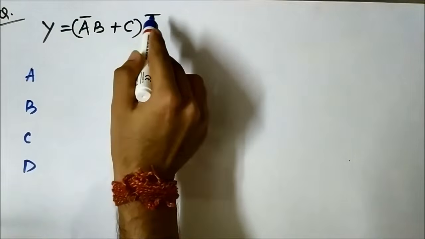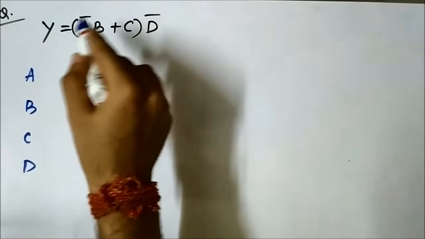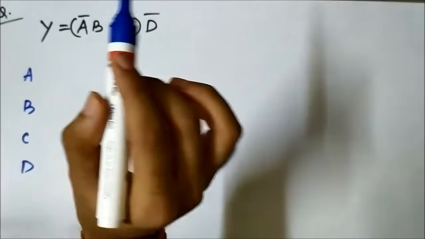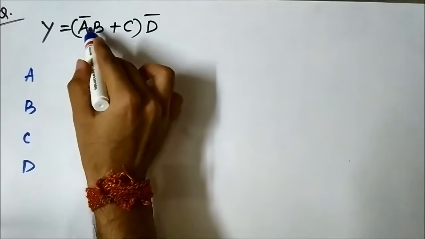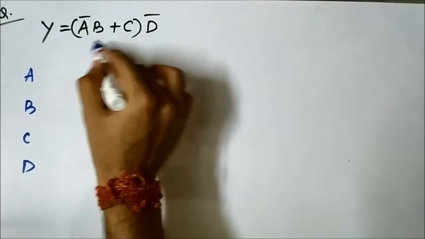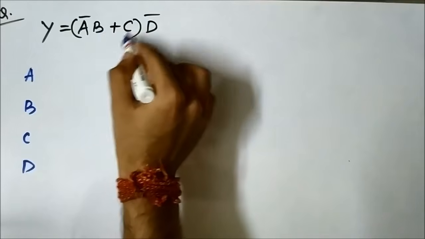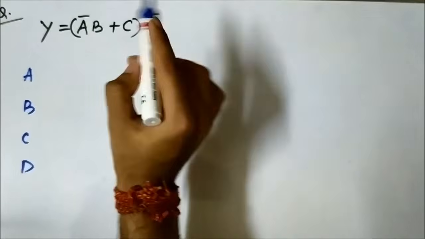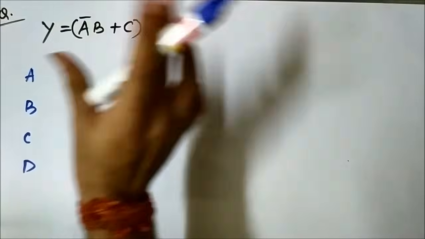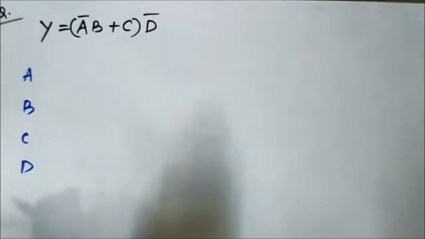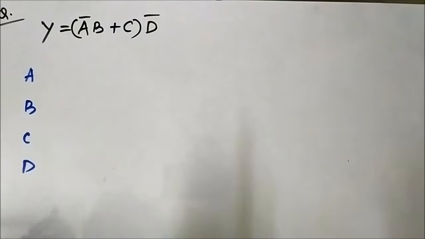Here the NOT operation or inversion operation is present, so a NOT gate will be required. AND operation is there, A bar B and whole this A bar B plus C ANDed with D bar, so AND gate will be required, and this plus sign indicates OR operation, so OR gate will also be required. So the 3 basic gates.